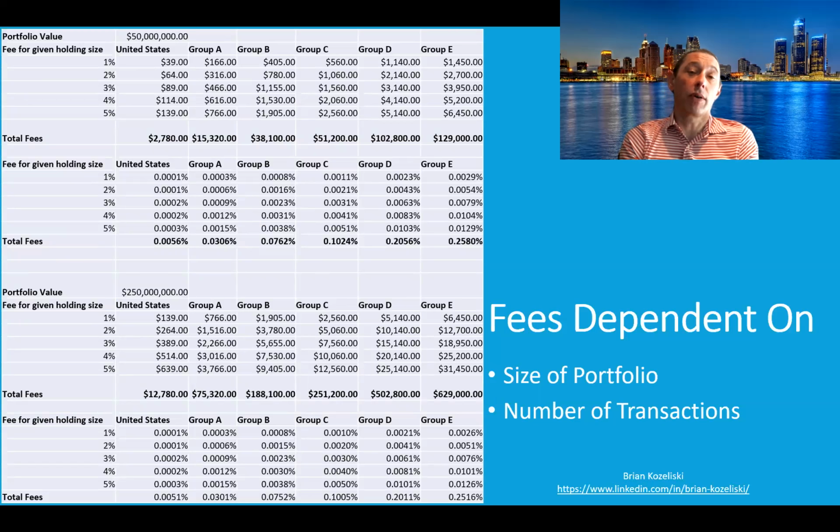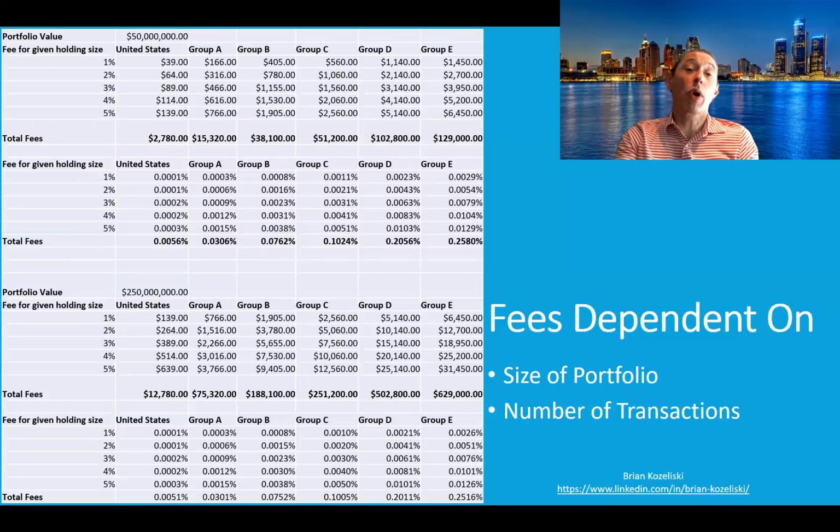Or if all of your portfolio is in that Group E, then you're talking about $629,000 you're paying in custody fees to the custodian bank, which equates to 25.16 basis points per year. Now, on a percent basis, it drops because that transaction fee has less of an impact as the portfolio gets bigger. So just keep in mind the portfolio size affects that and the number of transactions.